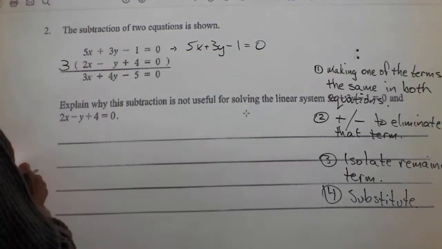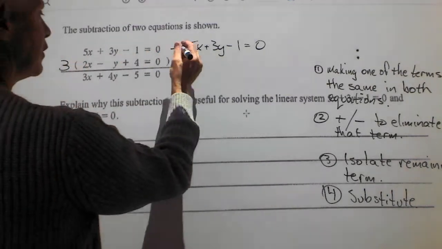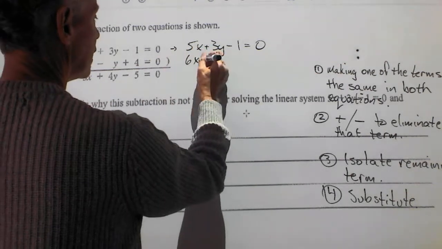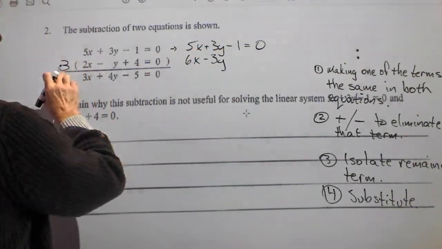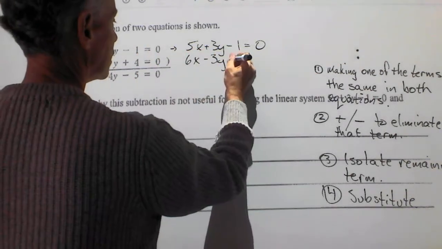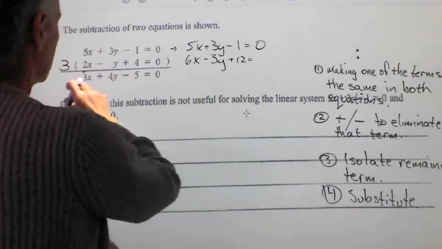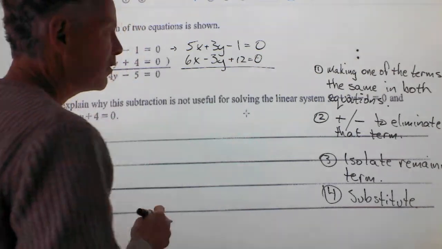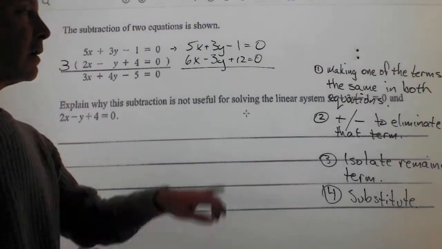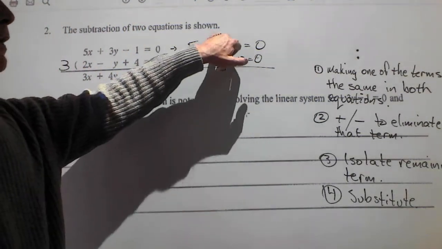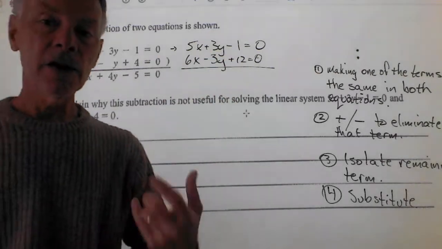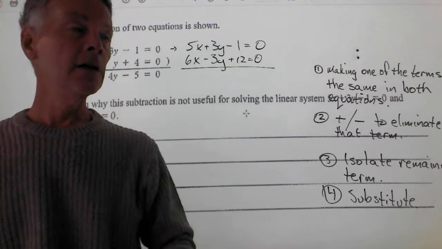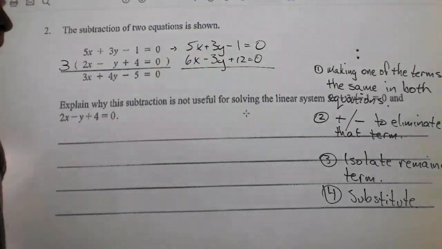This second equation would have become 3 times 2 is 6x, 3 times minus y is minus 3y, 3 times 4 is 12, and 3 times 0 is 0. Now you'll see that we've made the coefficient of y the same number. There's a 3 in front of y in both cases.